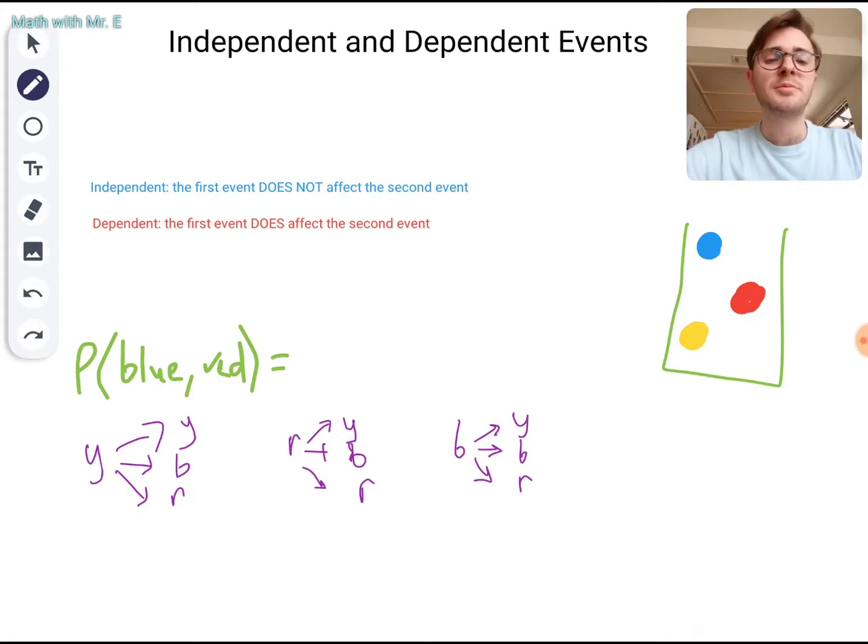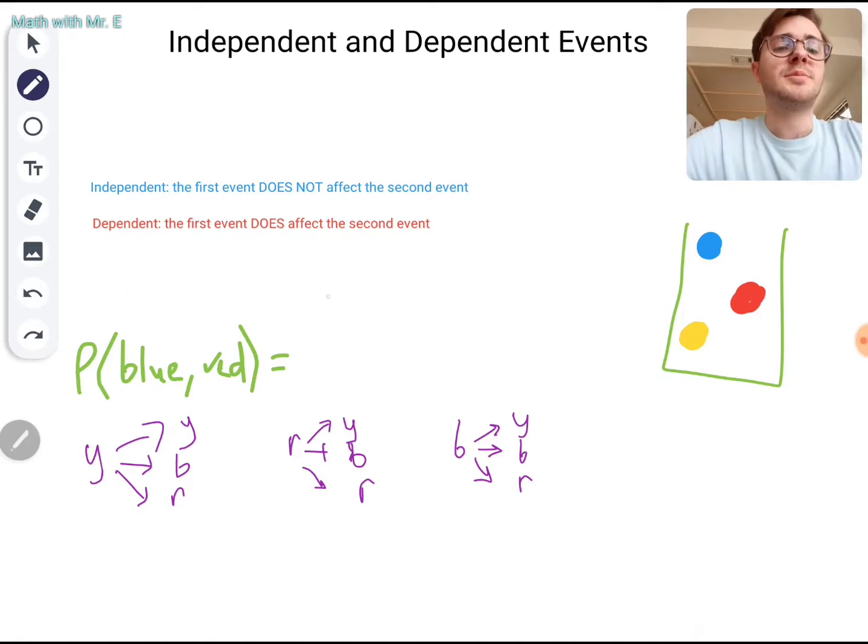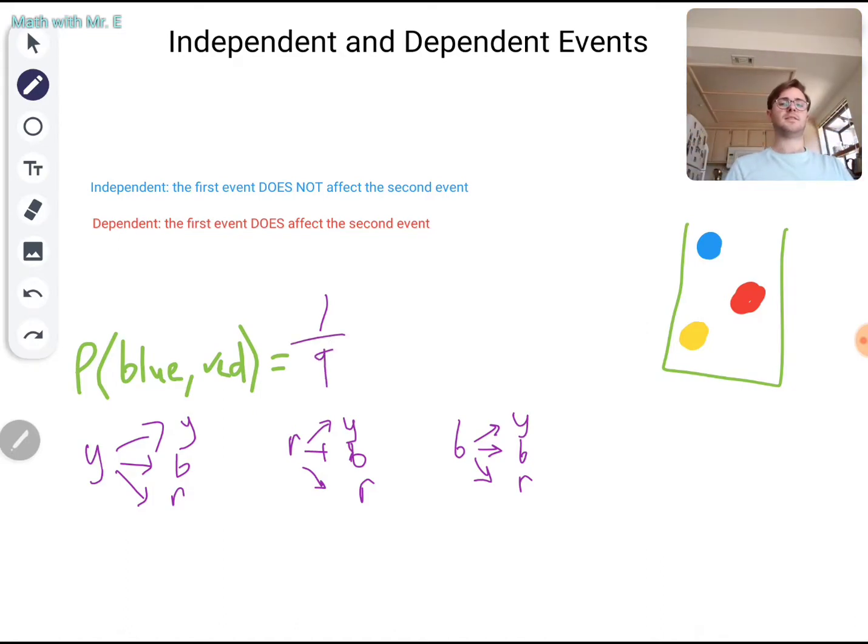And I want to know what's the probability that I pick blue first and red second. Well, only one of those on here is blue and then red. That's this guy here, BR. So that would be 1 out of those 9 possible outcomes, which would mean the probability of blue and then red would be 1/9.